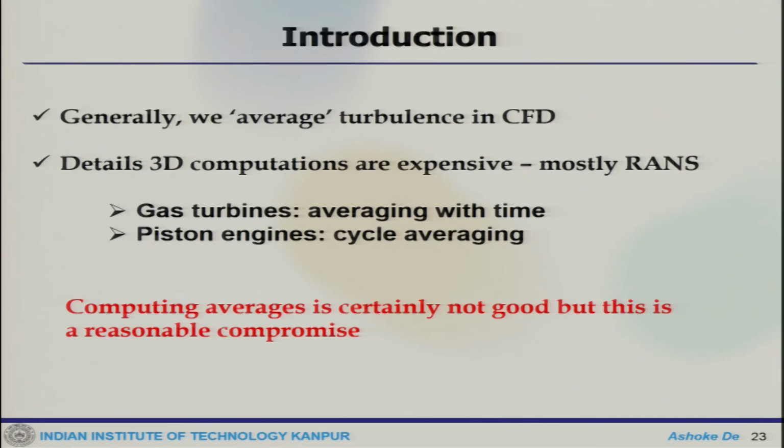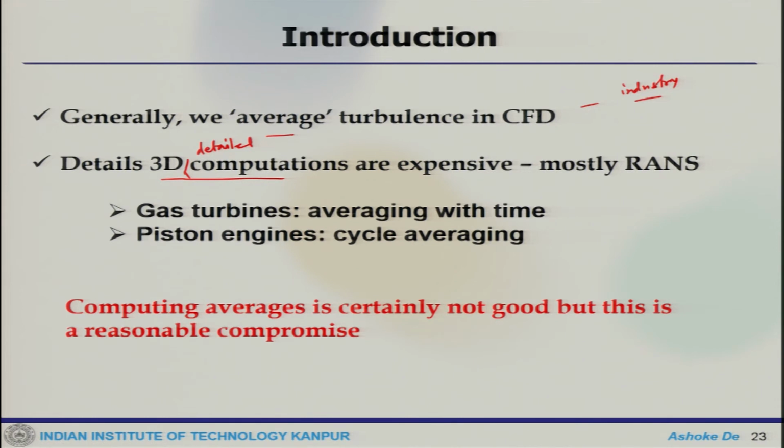So, what we do usually to model the turbulence, which is quite common in industry, because they need to get a solution in quick time, so they average the turbulence, but as you have seen, the turbulence itself is truly unsteady and 3-dimensional in nature. It requires really a 3D detailed computation, which can resolve all the scales.